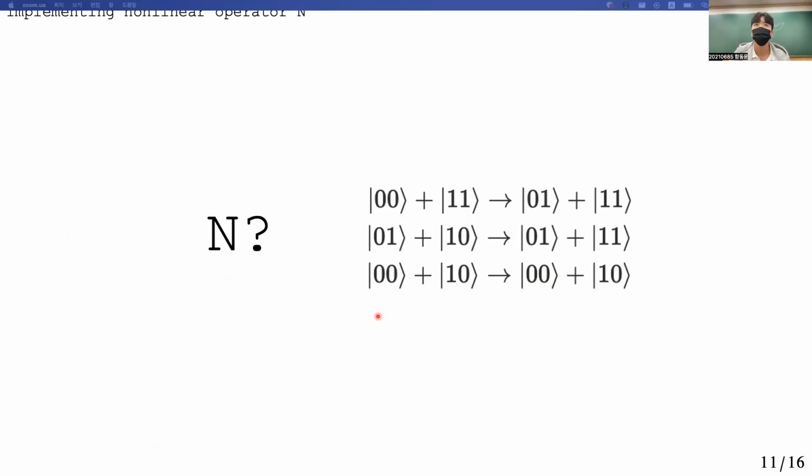Other questions? I think it is similar to Grover's algorithm.